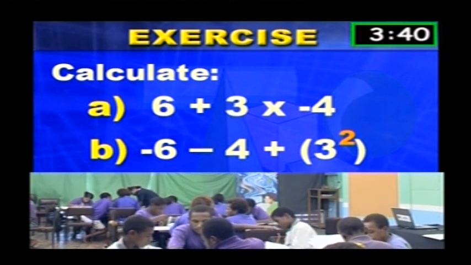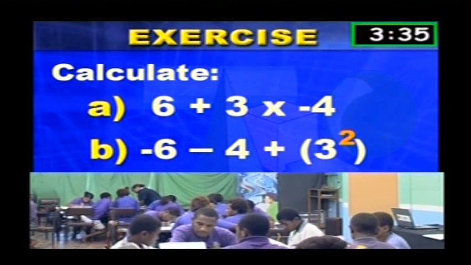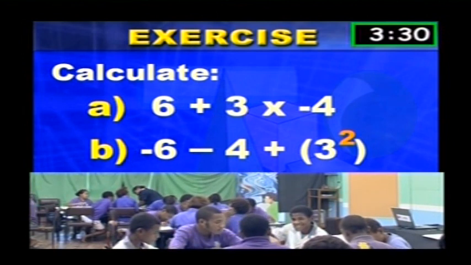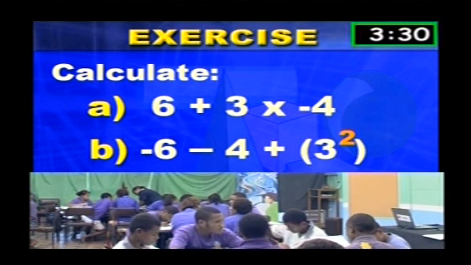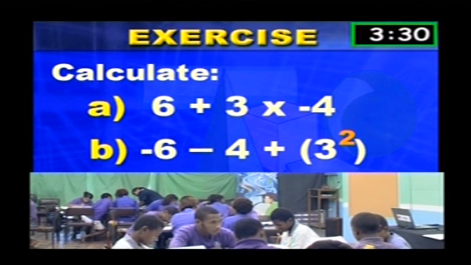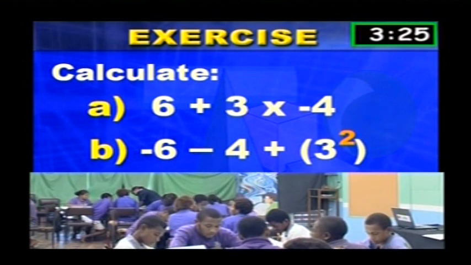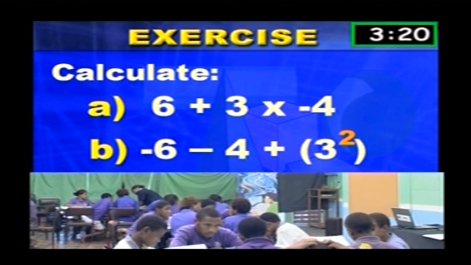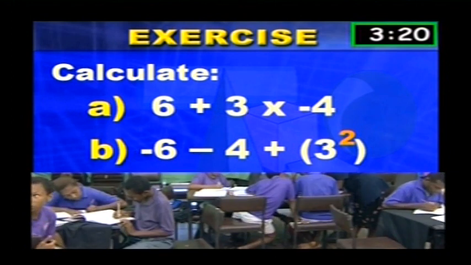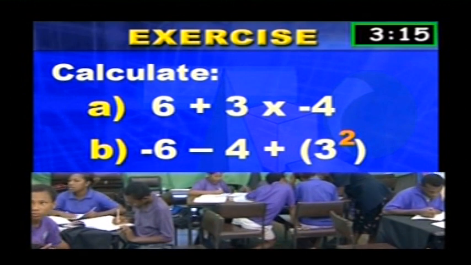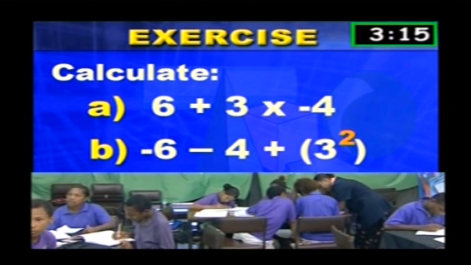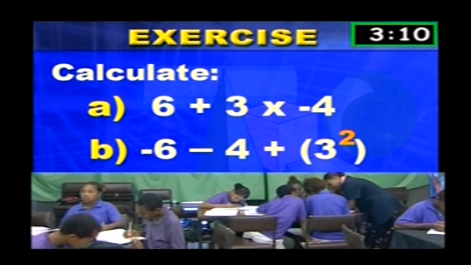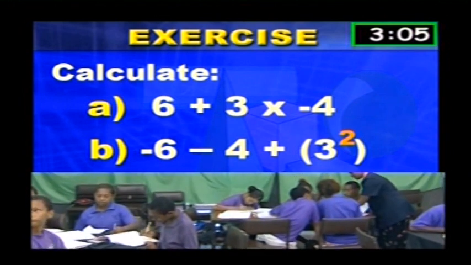Negative. So 6 minus 12. You add its opposite, like what you were taught by Mr. Dumo. You add its opposite and get the sign of the bigger number. So 12 minus 6, and you have 6. Negative 12 is bigger, so you get the sign of that number. That's how we calculate this.